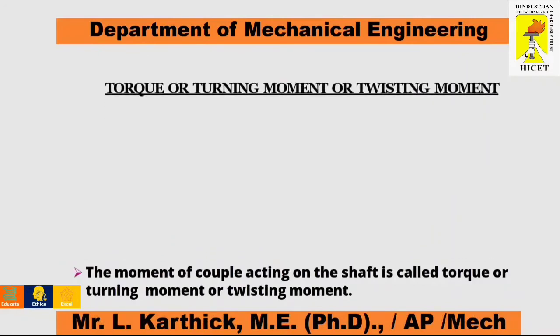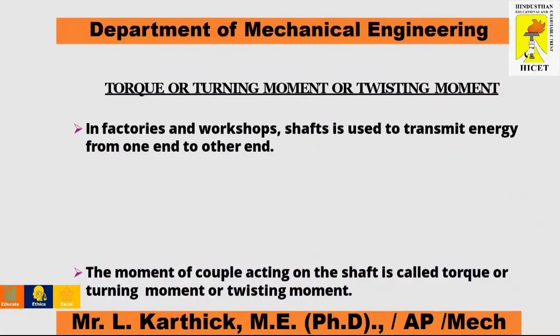Next is torque, or turning moment, or twisting moment. How does this torque work? We are going to discuss the twisting moment and how it happens. In factories and workshops, the shaft is used to transmit energy from one end to another. Let me take a simple example.